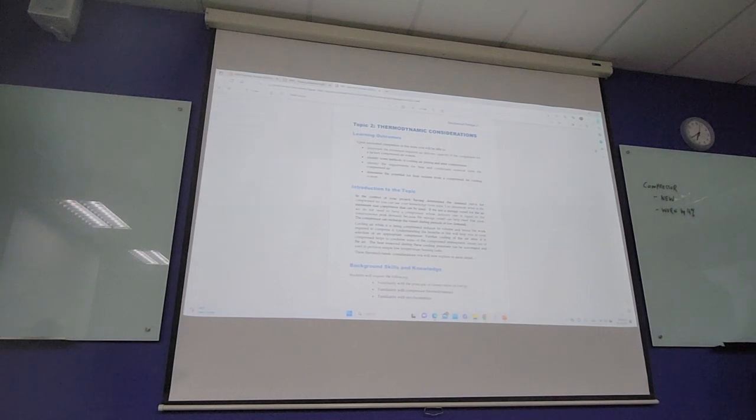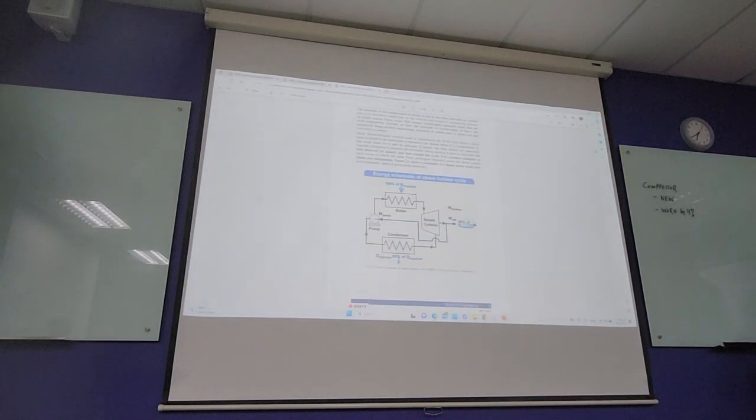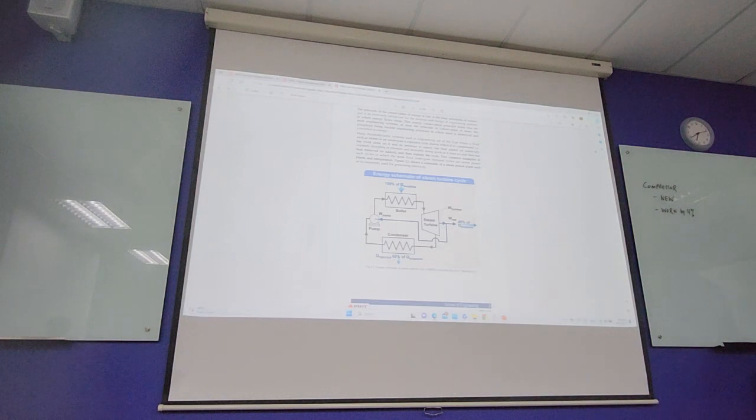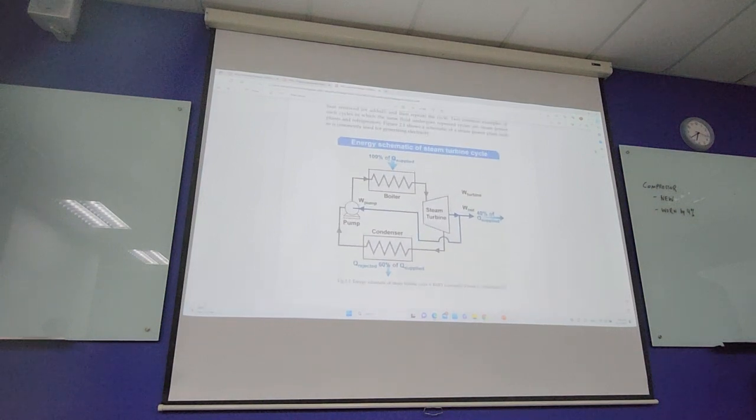So chapter 2. They actually show us the schematic of this steam turbine cycle.